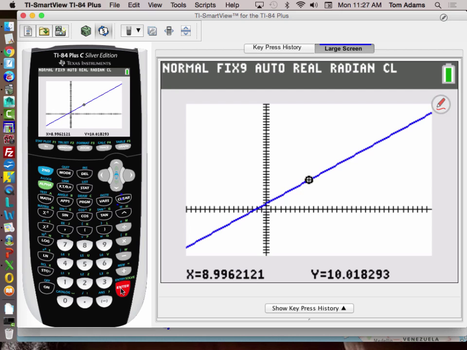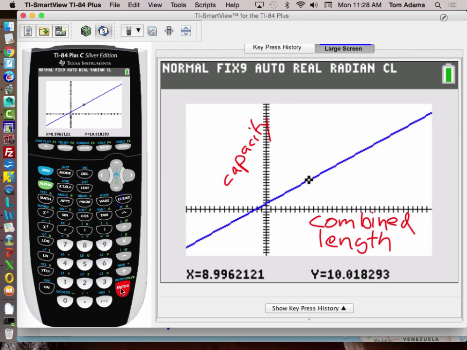Remember that on our graph from the book, this represented the combined length of the fish. So our x-axis represented the combined length of the fish. What did this represent over here? The capacity of the tank. In other words, our y-coordinate tells us how many gallons the tank needs to be, while the x-coordinate tells us the combined length of the fish.